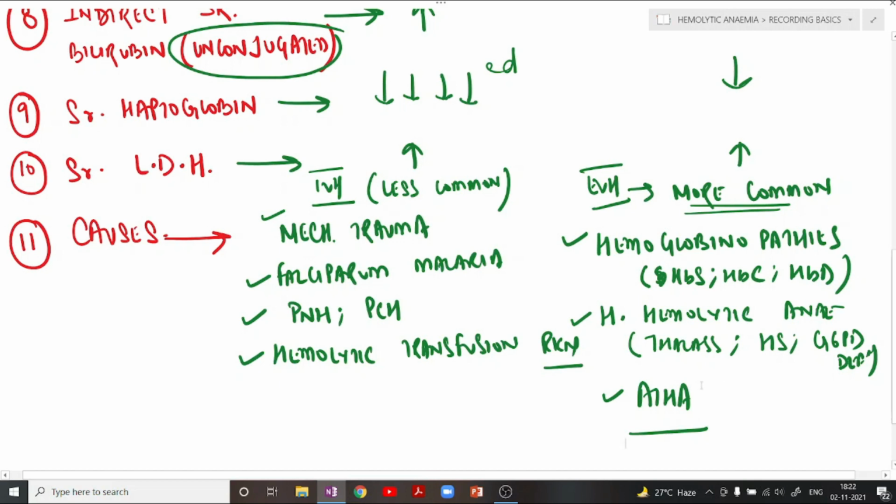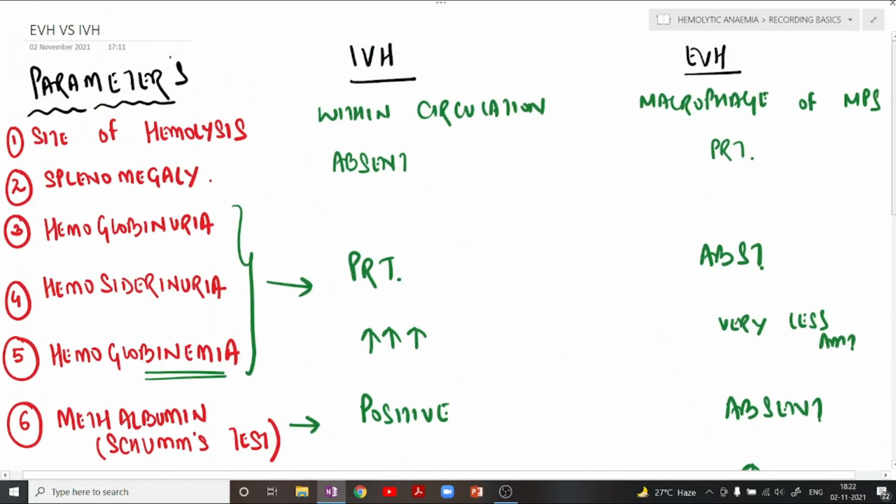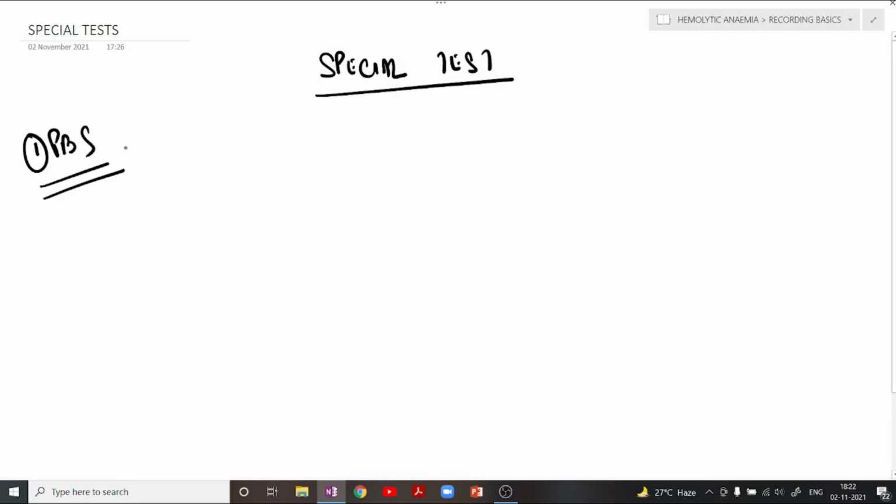Now we are going to go to certain special tests to find out the root cause of hemolysis. I am going to show you diagrams as well for the tests. So the first test: from the peripheral blood smear we can get a lot of answers.